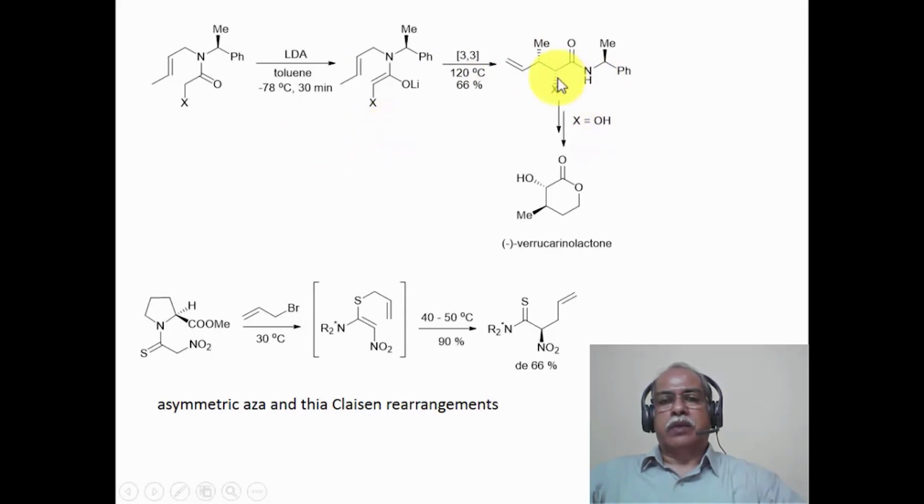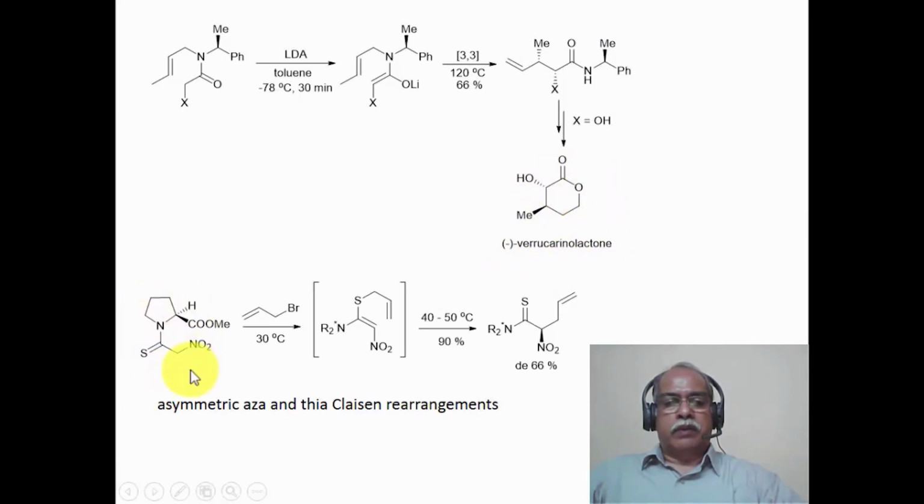So if X is equal to hydrogen, for example, this can undergo lactamization. Sorry, one second. When X is equal to hydroxy functional group, it can be made into a lactone. This hydroxy functional group is at the alpha position, which we are talking about. And this particular lactone is a natural product. Verrucarinolactone is what the structure of this compound is.